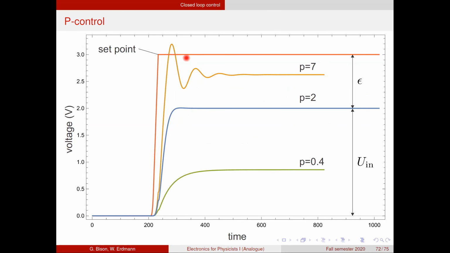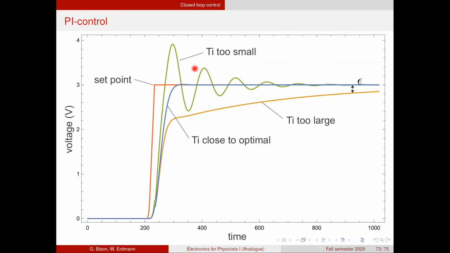One is to have a large P gain, and the second way is to have a small TI time constant. So typically, if you set up a PID controller, you crank up the gain and reduce this time constant until it oscillates, and then you put it a little bit back.